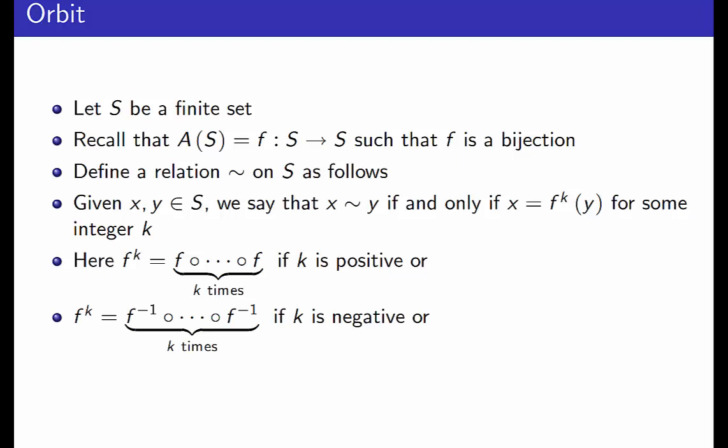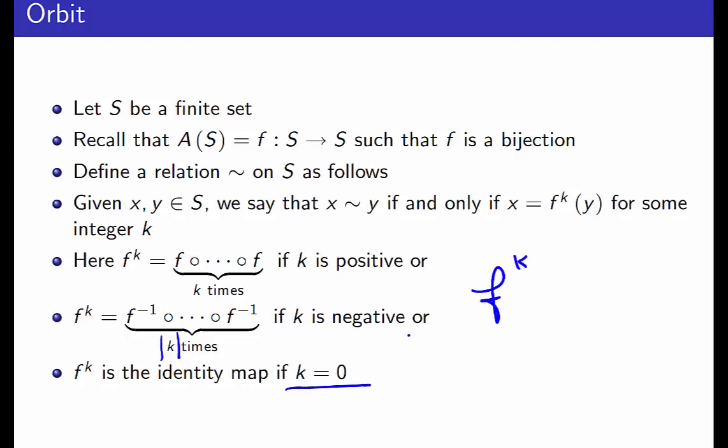If k is negative, we are composing f inverse with itself, absolute value of k times. If k is 0, then f^0 is just the identity map. That's what this notation f^k means.